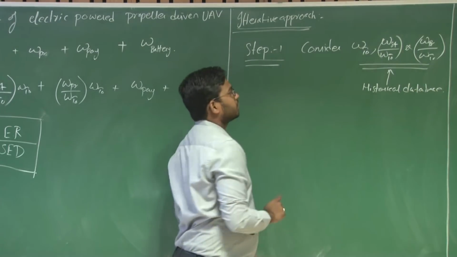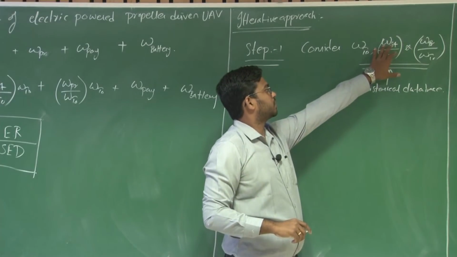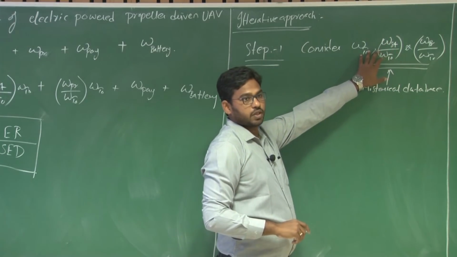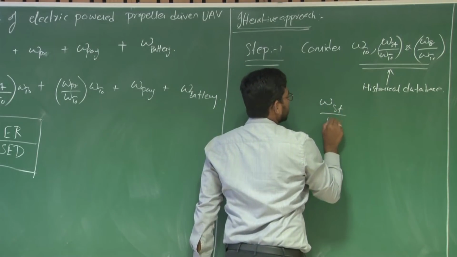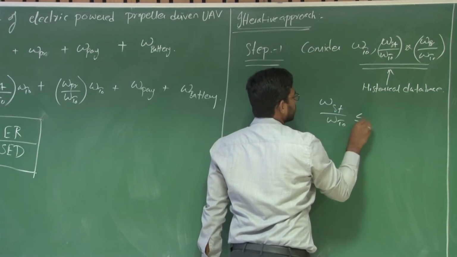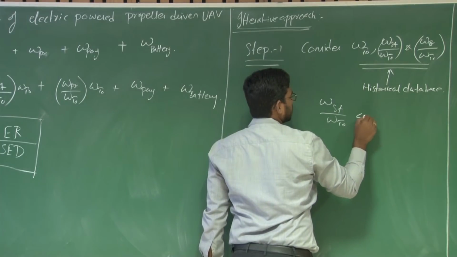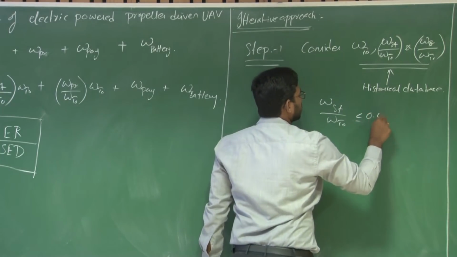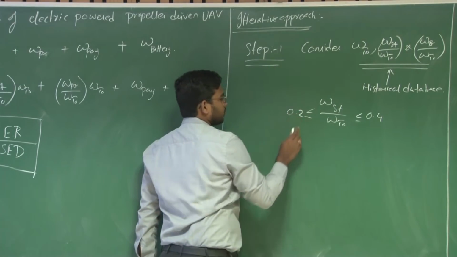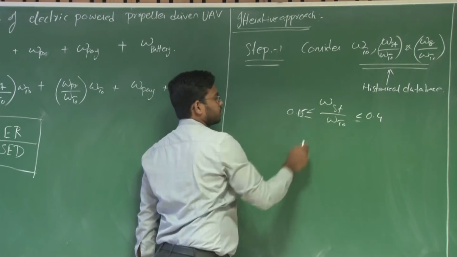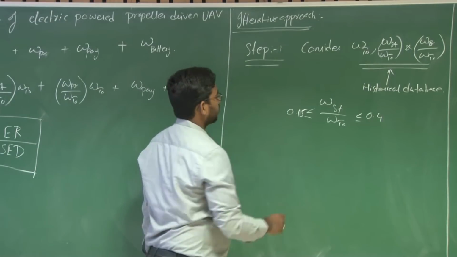So typical value for a fixed wing UAV, the ratio of structural weight to takeoff weight will range from 0.15 to 0.4, right?